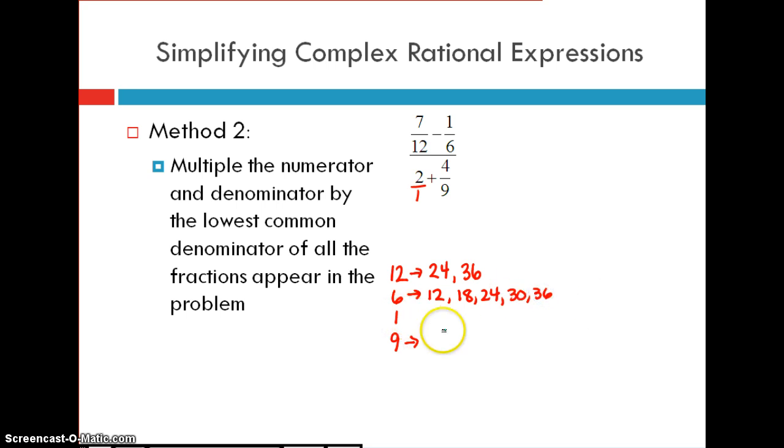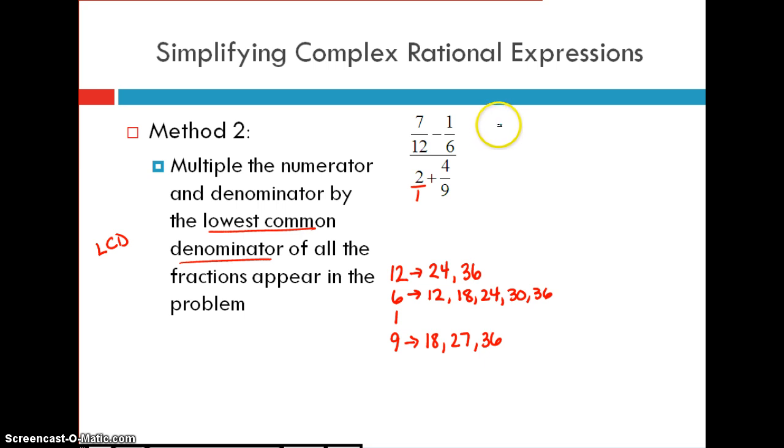Well, 1 could be anything. 9 would be 18. 9 times 3 is 27. 9 times 4 is 36. So I notice that 36 is my lowest common denominator. Sometimes we refer to it as LCD. Instead of greatest common factor, now it's lowest common denominator. And so what they're saying is if I multiply everything by 36, let's try that.